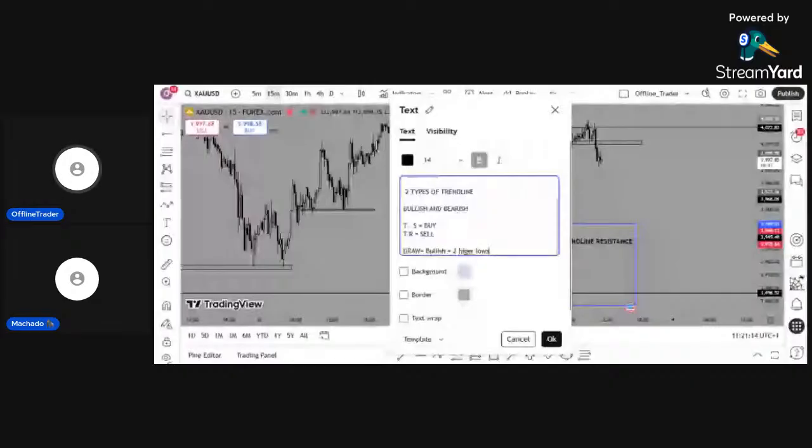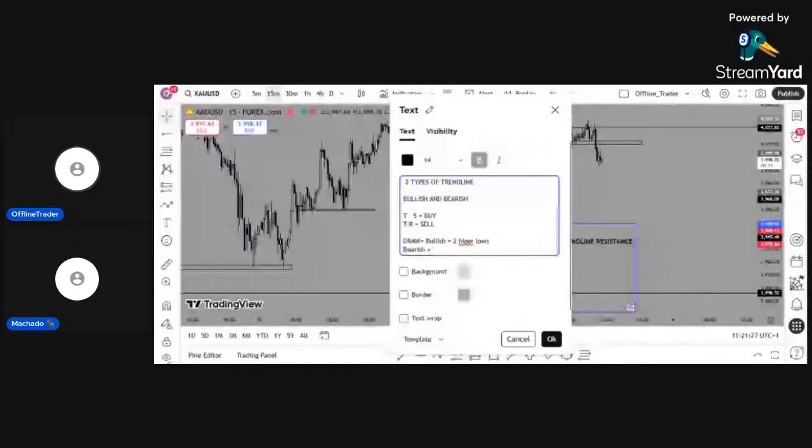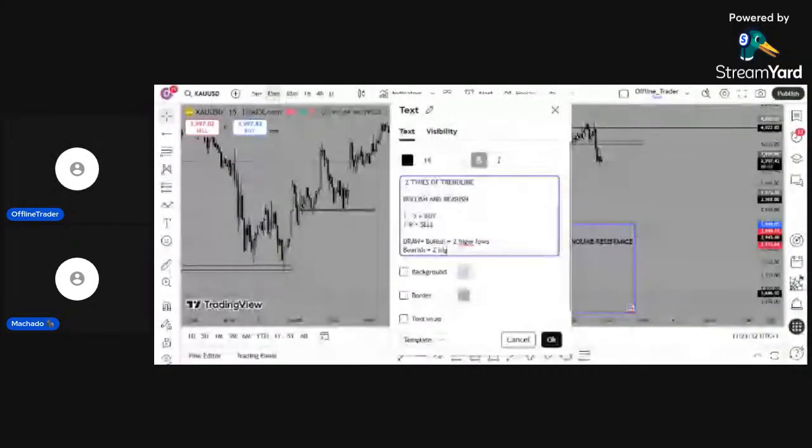And when the market is bearish, we only need the highs. That means we need two lower highs. We need two higher lows to connect it to give us a trend line.